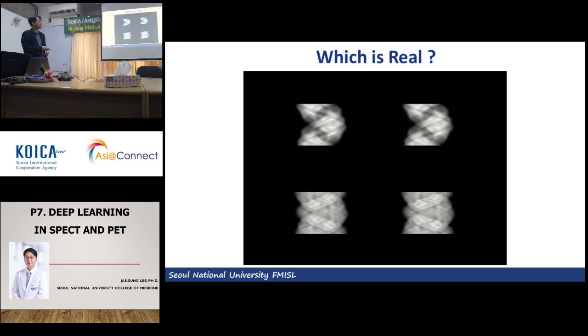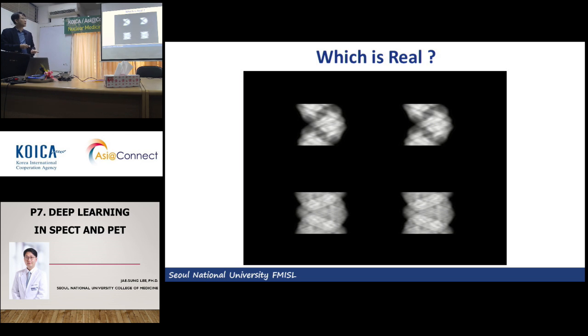These are two sinograms. One of them is the fully sampled, original sinogram, and one of them is the sinogram interpolated from the undersampled data using deep learning. So one of them is a deep learning outcome.